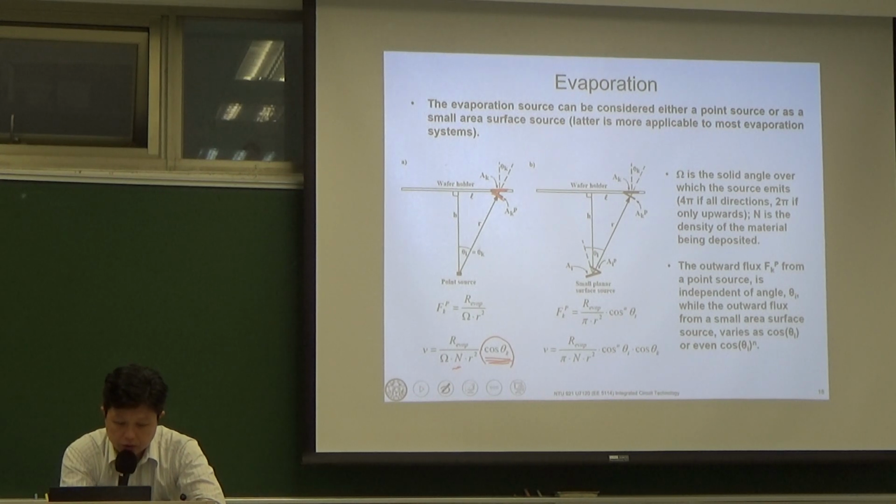Now, this is a point source, but actually you have a crucible with a certain small area that is your evaporation surface.